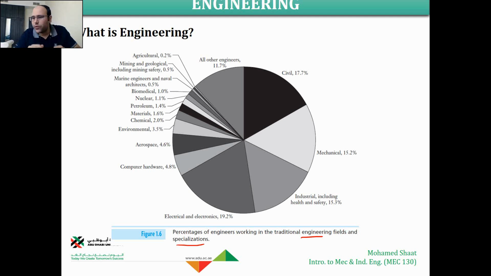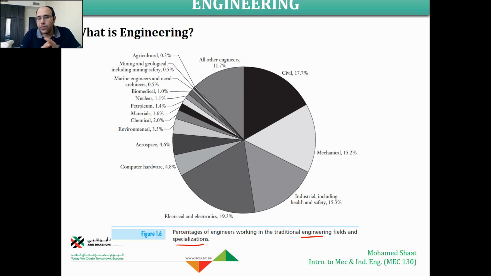Why? Because they are kind of related. There are very common subjects and courses that both mechanical engineering and industrial engineering students are going to study. So it is fine to discuss mechanical and industrial in one subject, because as I said, they are related.